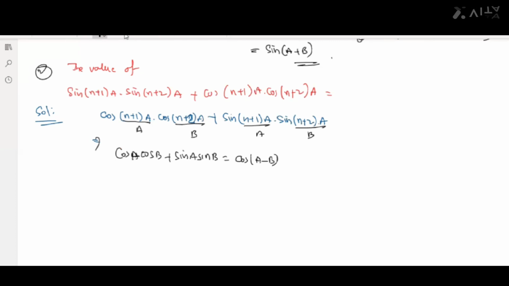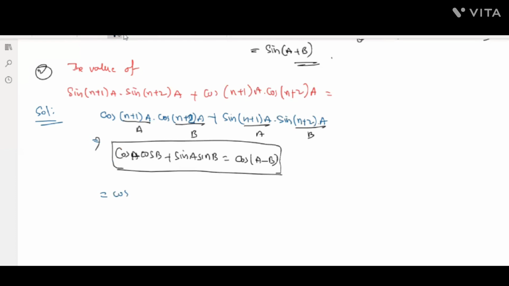According to this formula, we get cos of a, meaning (n plus 1) a, minus b, which is (n plus 2) a.